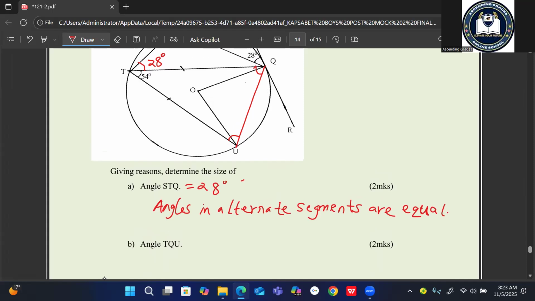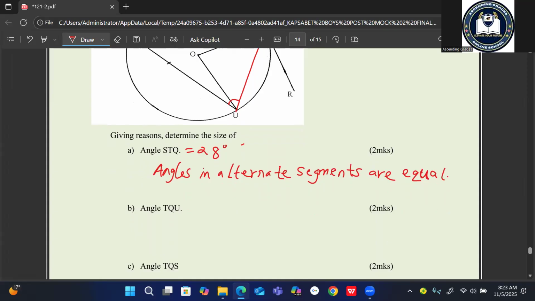So we take 180, subtract 54, then divide the result by 2. 180 minus 54 is 126 degrees, and 126 divided by 2 gives you 63 degrees.